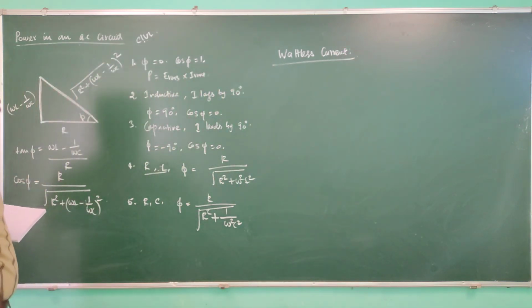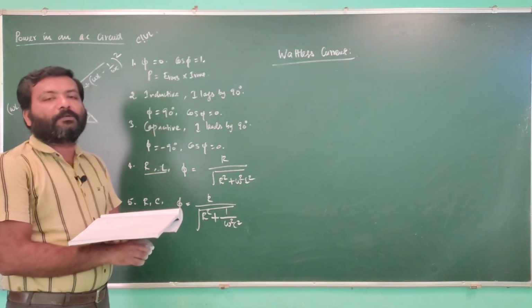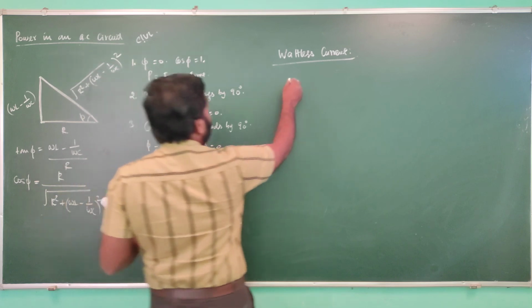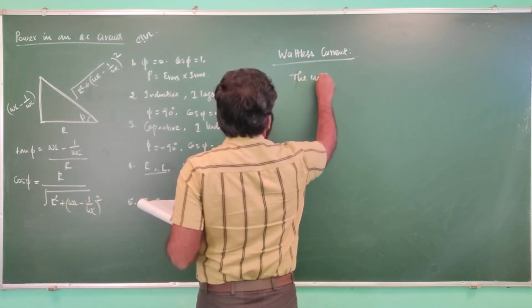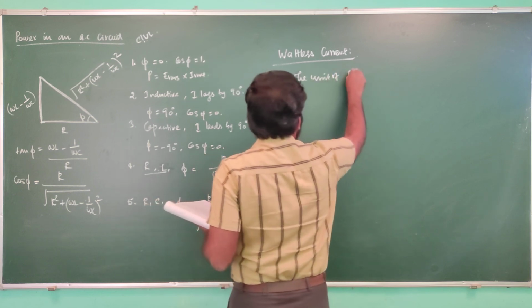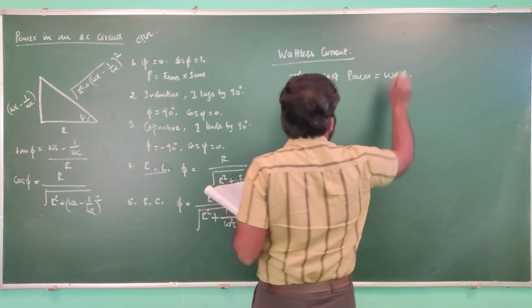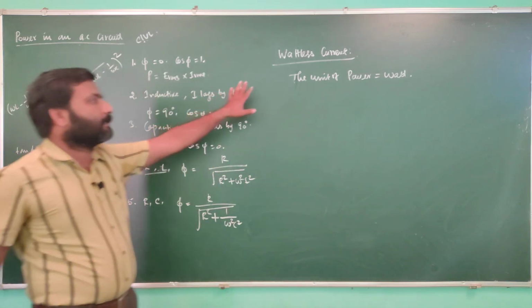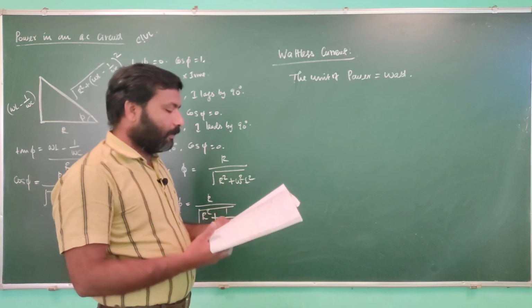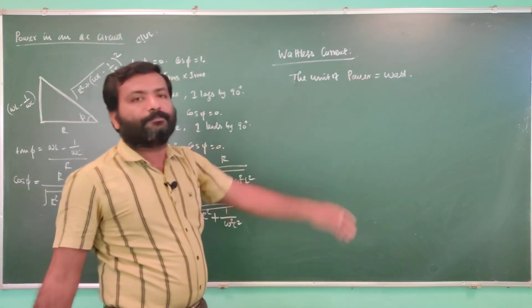When true power is equal to 0, the unit of power being the watt, wattless current means the power is equal to 0.